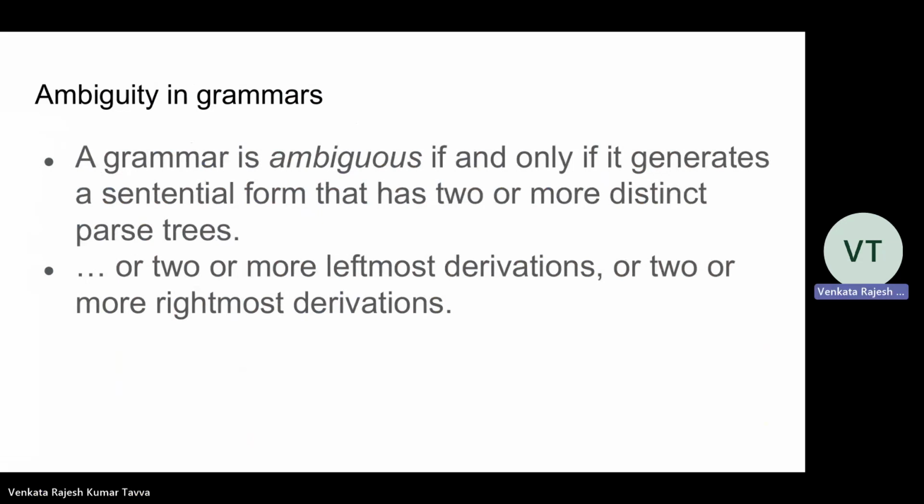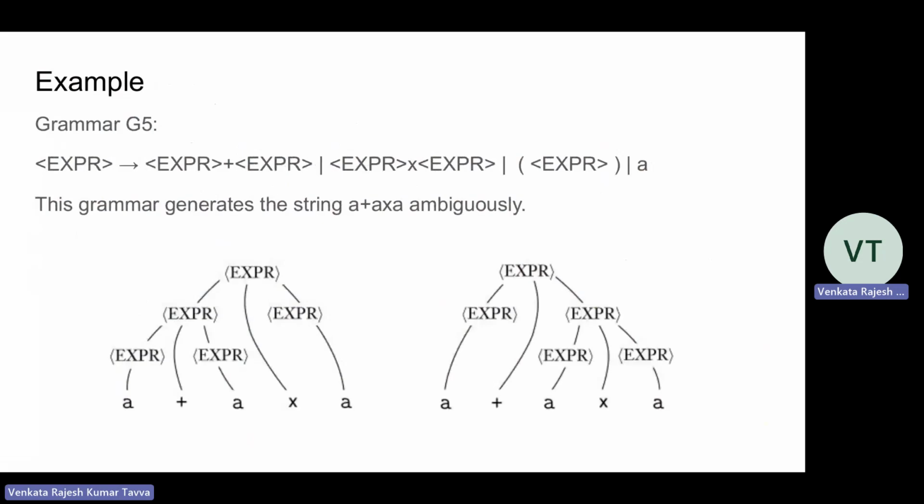So this is an example of an ambiguous grammar. The same grammar which we saw earlier, rather than having 3 different terms, expression, term, and factor, we are having expression for everything. So expression can be of the form expression times expression, or expression plus expression, or expression in brackets, or terminal symbol. Now using this, you can get 2 parse trees for the same sentence.